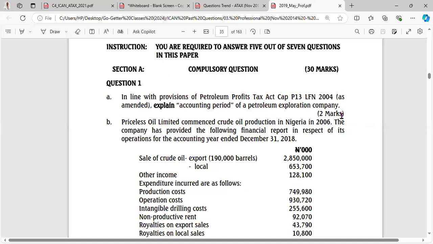For a new company, it is from the date that you commence business to 31st of December of that same year. For a business that is ceasing, it is from January 1 of that year to the date on which the business ceased. But for an ongoing business, it's from January 1 to December 31st. You've done that and you go to the next part.